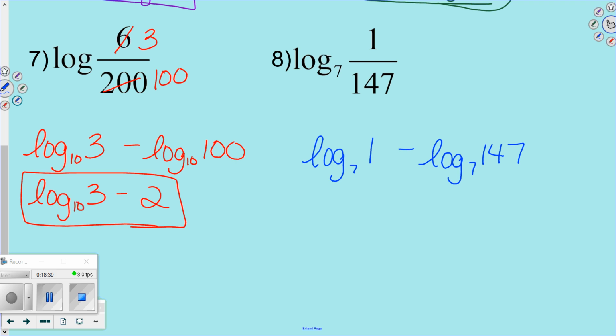Yes. 7 to what power equals 1? That's 0. Anything to the 0 power equals 1. It goes back to your exponent properties as you cancel things out.